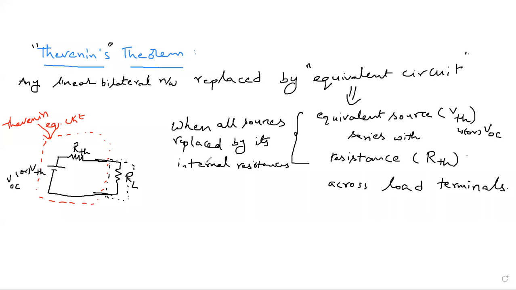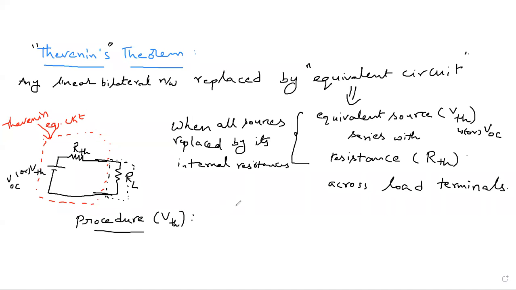Now, how to convert that entire complex circuit, nothing but the entire linear bilateral network, into a single equivalent circuit? That means how to calculate VTH and RTH. I can tell you the procedure. I hope I shared the material of that procedure also. So the first procedure is to calculate VTH.